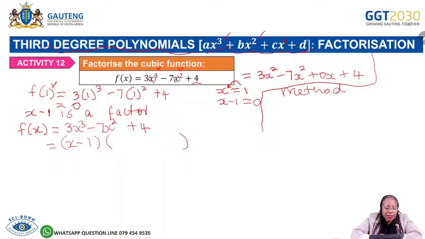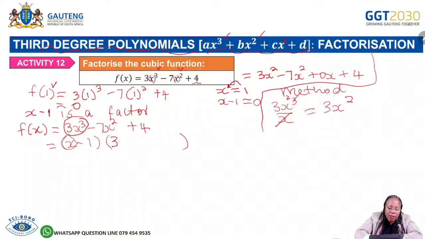You take the first term, 3x cubed there, and divide it by the first term of your first factor. This will give us 3x squared. Then it will be your first term in the trinomial bracket.